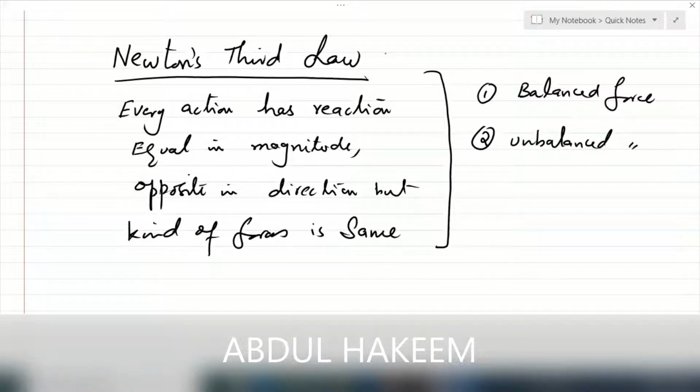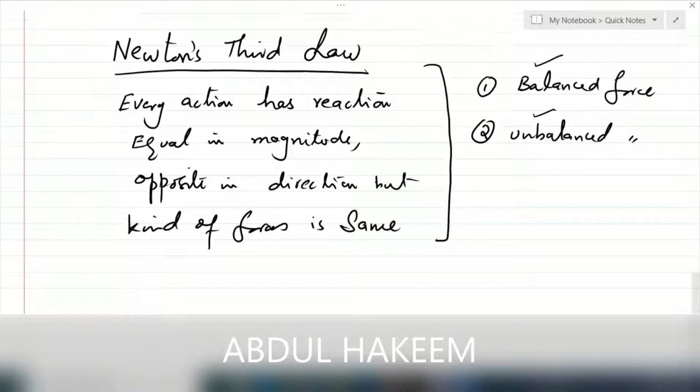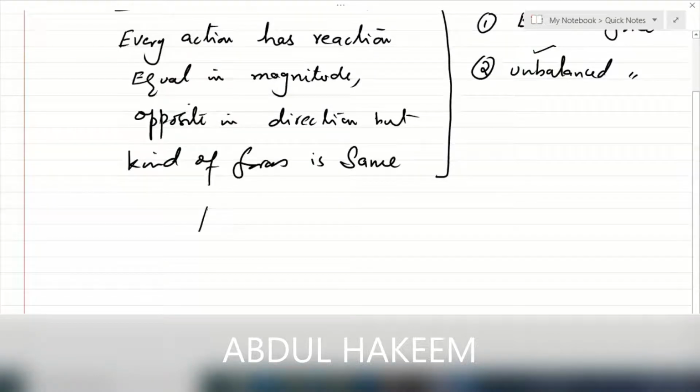So I repeat, every action has a reaction, equal in magnitude, opposite in direction, but the kind of the forces is the same, meaning balanced or unbalanced. So the force of the action is exactly equal to the force of reaction, equal in magnitude, but opposite in direction.